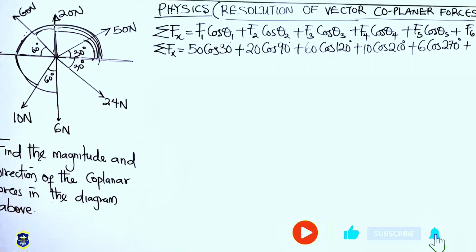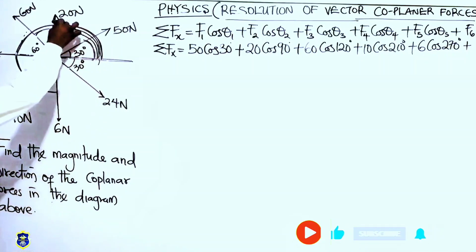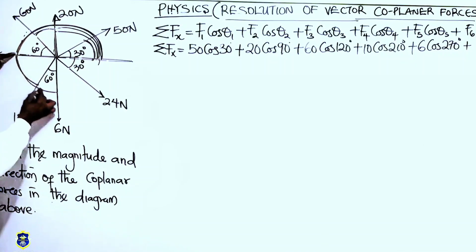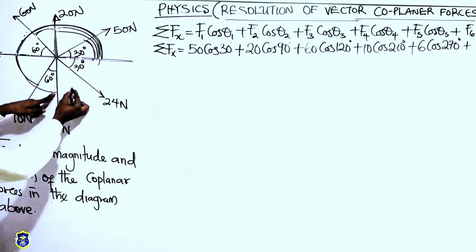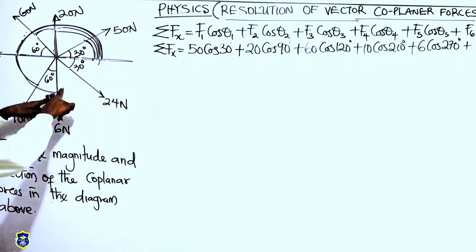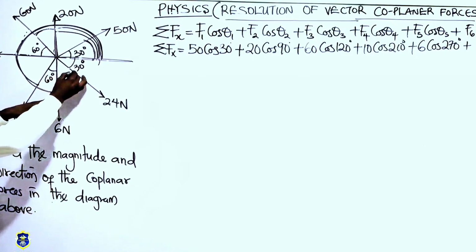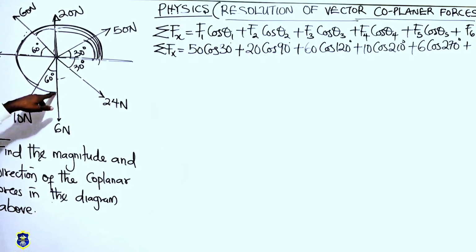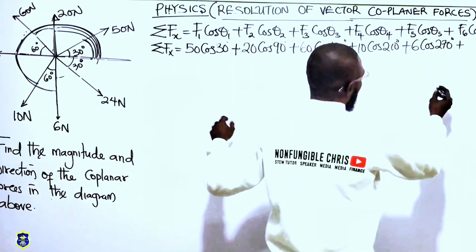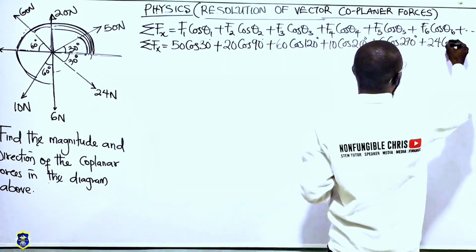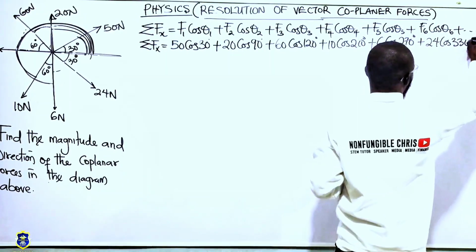We still have this one. If we count from here down 90, 180, 270, we need this part. So this part will be 60. So 270 plus 60, that's 330, right? So F6 is 24 cos 330.